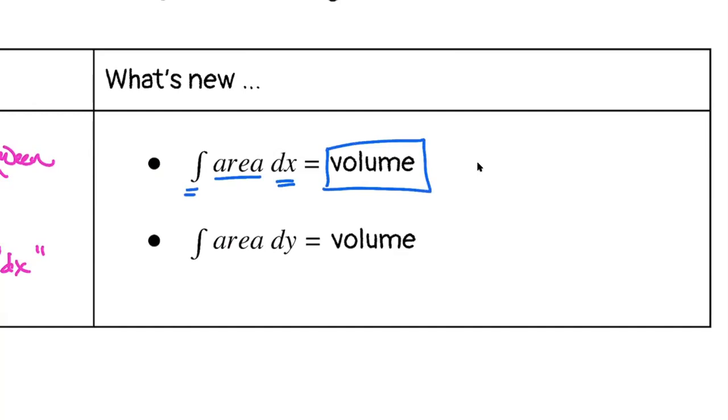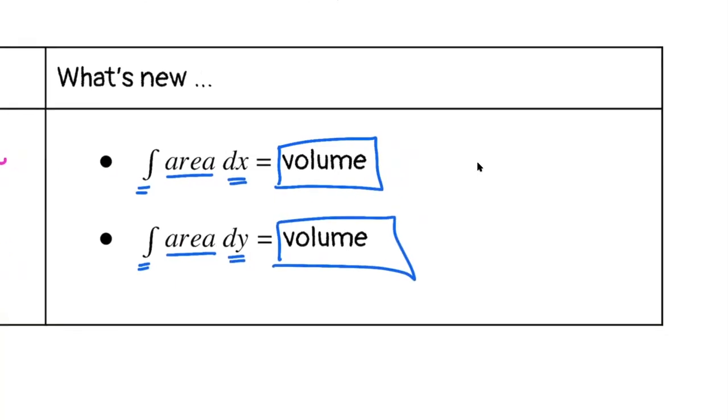Okay. We can do the same thing with respect to y. So we could have the area function with y's in the equation. We could integrate it with respect to y, and we'll end up with the volume of a certain shape, right?